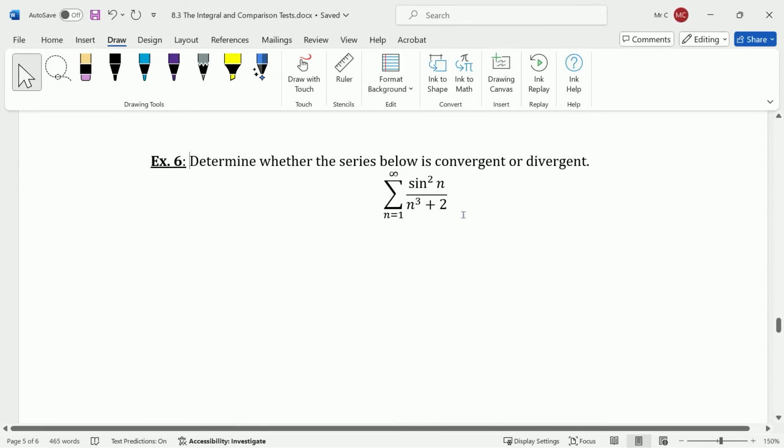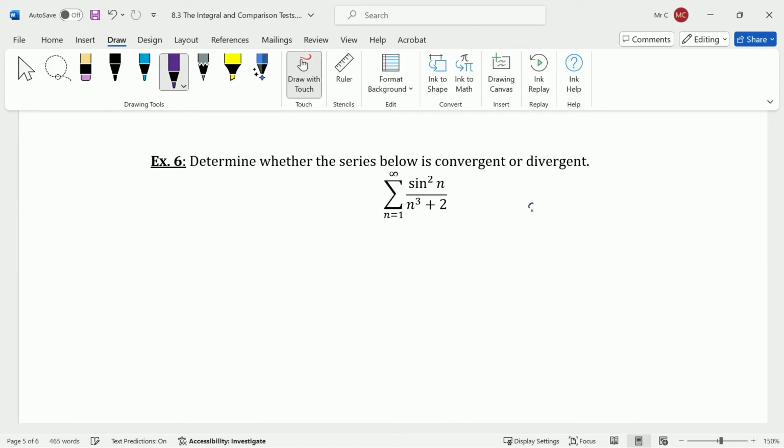So again, I want to try to figure out how to compare this to something simpler. And the first thing I think is, well, sine squared of n is positive. I do know that this is positive. It's bigger than 0, and the denominator is going to be bigger than 0 for positive n values. But I also know that sine is at most 1, so sine squared is also at most 1.